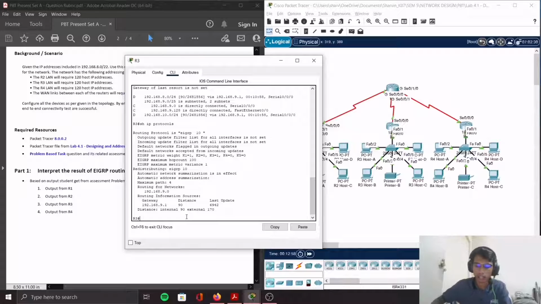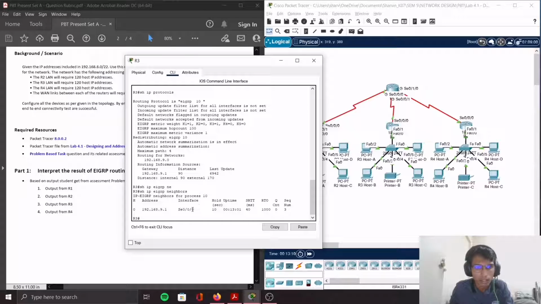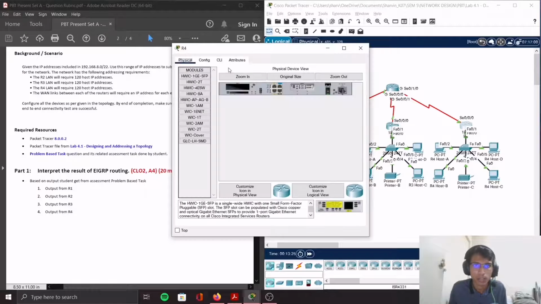You can also see the routing information by giving the show IP EIGRP neighbor command, which shows the address the information comes from and the interface R3 is using. Okay, that's all for the output from R3. Let's go to the output from R4.